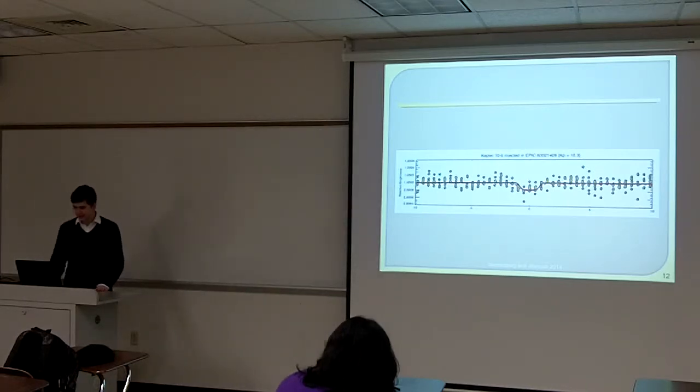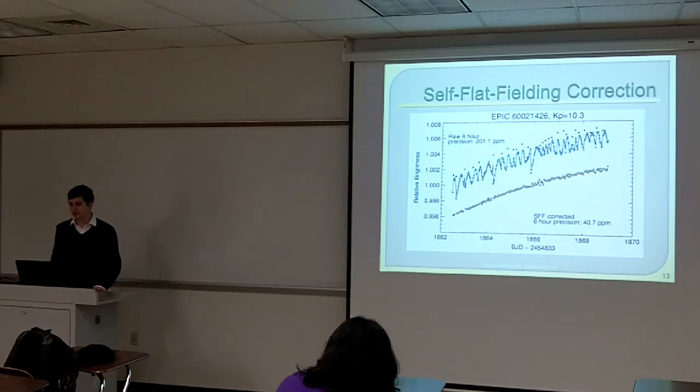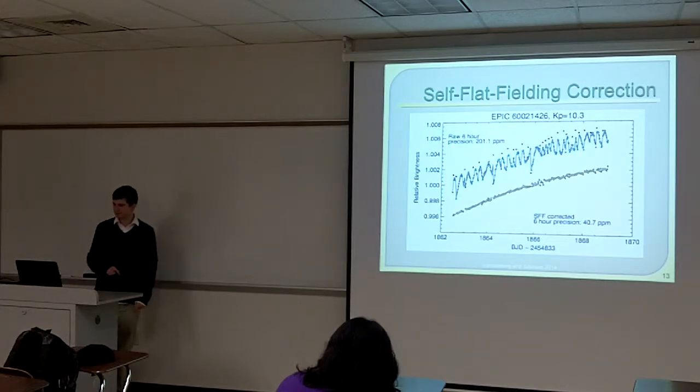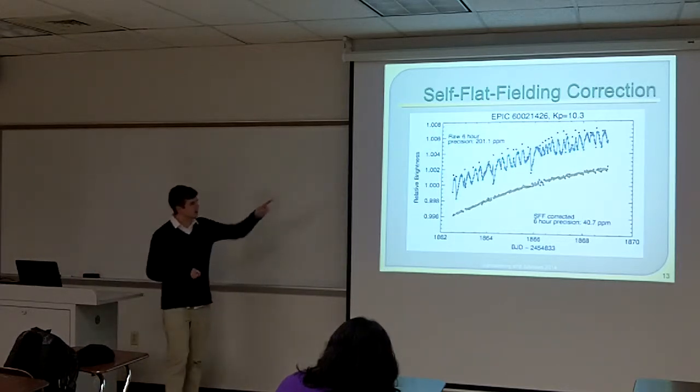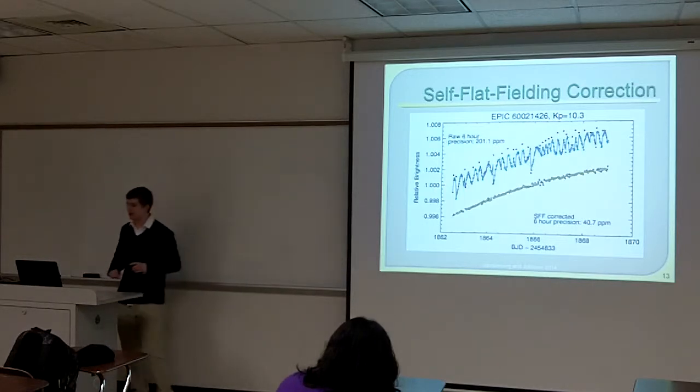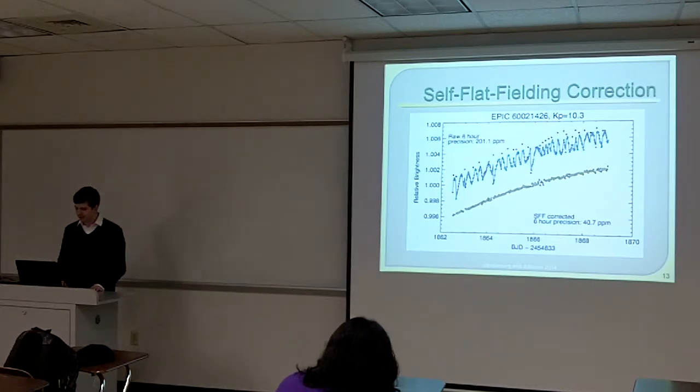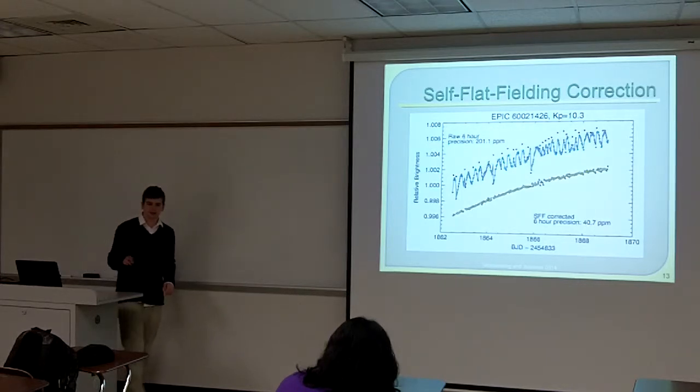So what is this method that they managed to use? They call it the self-flat fielding correction method. The blue data you see here is the same as from the previous plot. So in order to correct for this, they looked at a couple features.